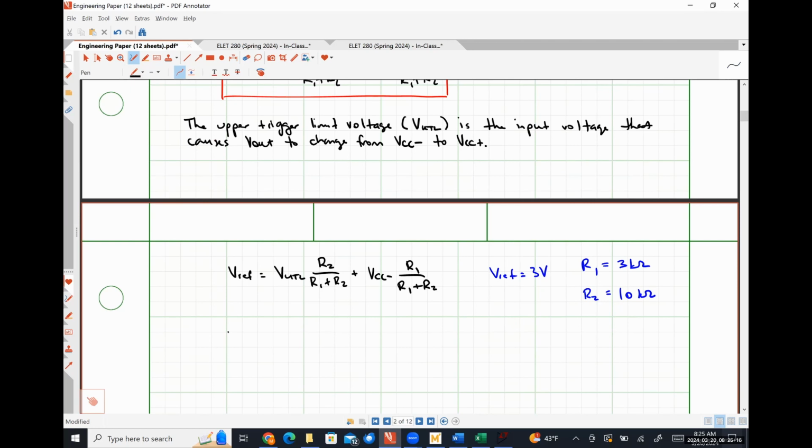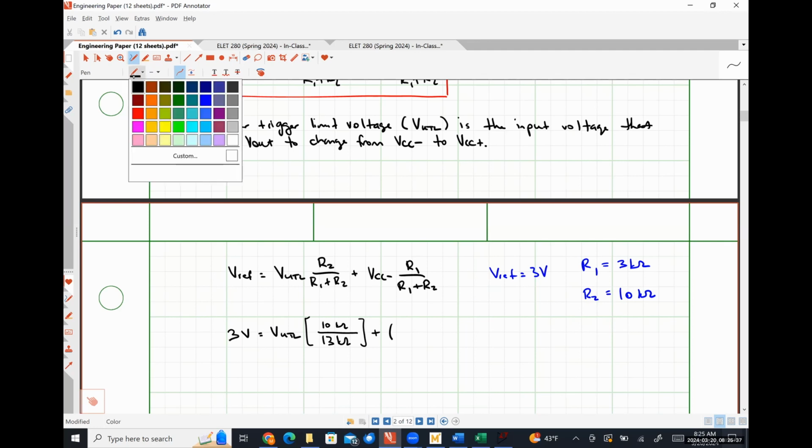right? So we would have 3 volts is equal to our upper trigger limit voltage times 10 kiloohms over 13 kiloohms plus VCC minus, which I didn't write down, so we'll do that real quickly.